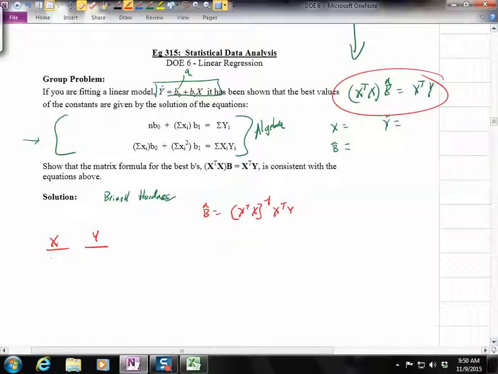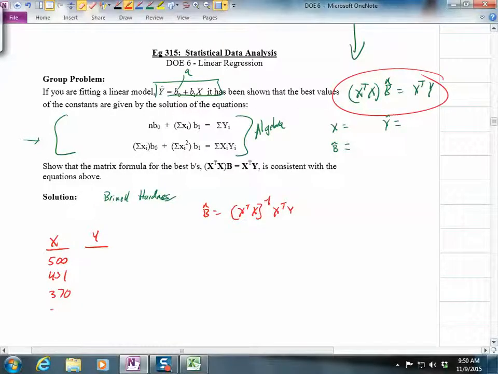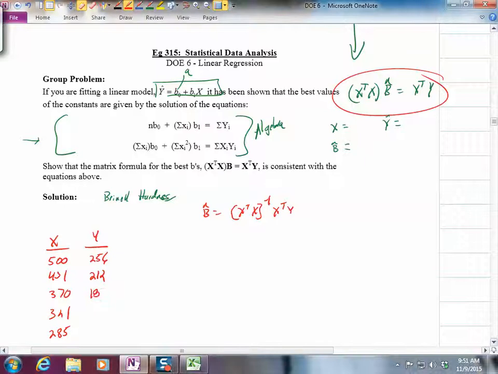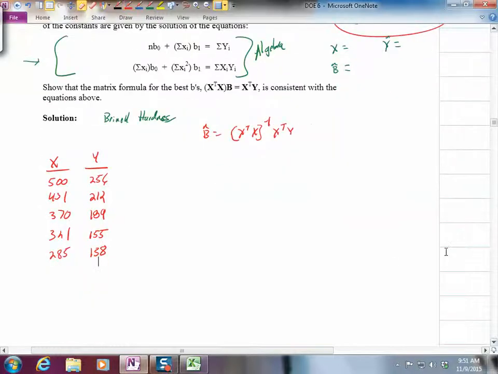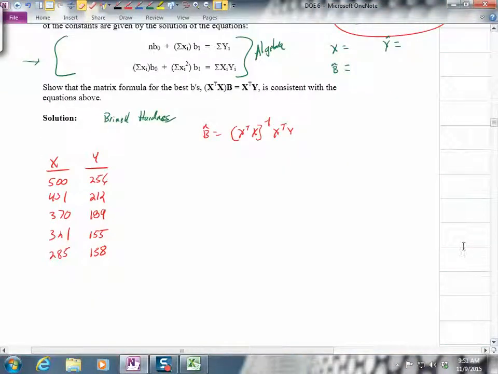The brittle hardness data had X and Y. So X was 500, 431, 70, 285. That was the data.